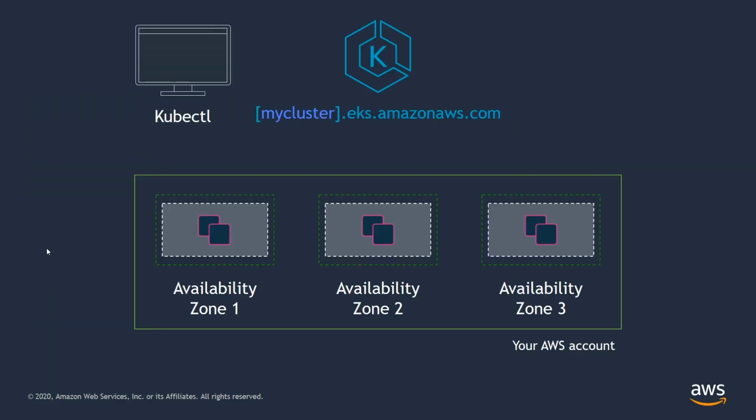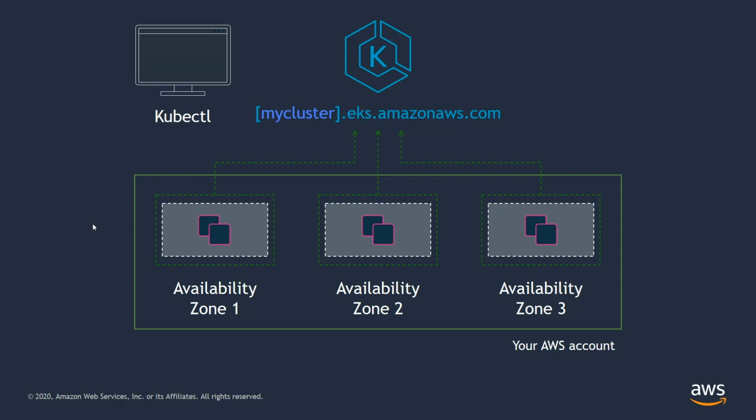When you create an EKS cluster, you will get a cluster CNAME like this. This represents your cluster's ID. And when you deploy your worker nodes, they will connect into this cluster by connecting directly to that CNAME. When you want to connect to that cluster, you'll configure a Kubernetes config file, or kubeconfig.